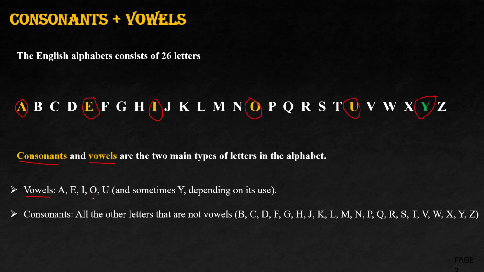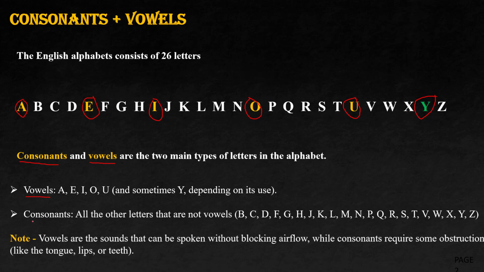Now, when it comes to consonants, all other letters that are not vowels are considered consonants. Note, vowels are the sounds that can be spoken without blocking airflow, while consonants require some obstruction like the tongue, lips, or teeth.